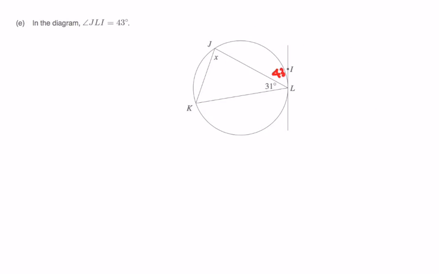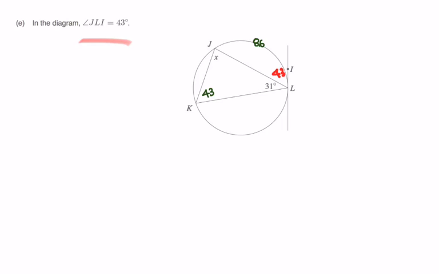Number E. Angle JLI is 43 because that's given to us here. Now, what's the measure of angle X? So we realize that 43 is the angle formed by a tangent and a chord.